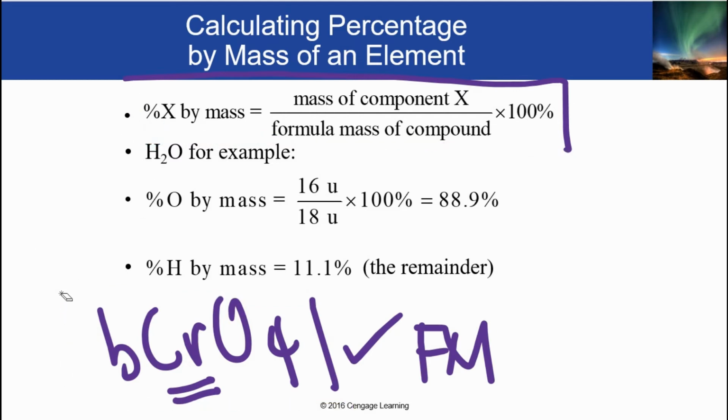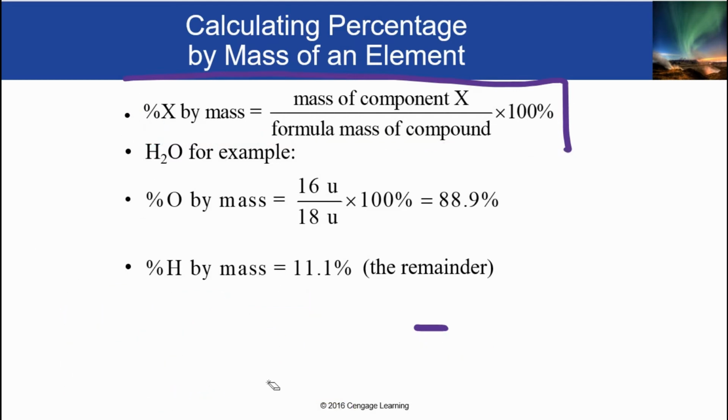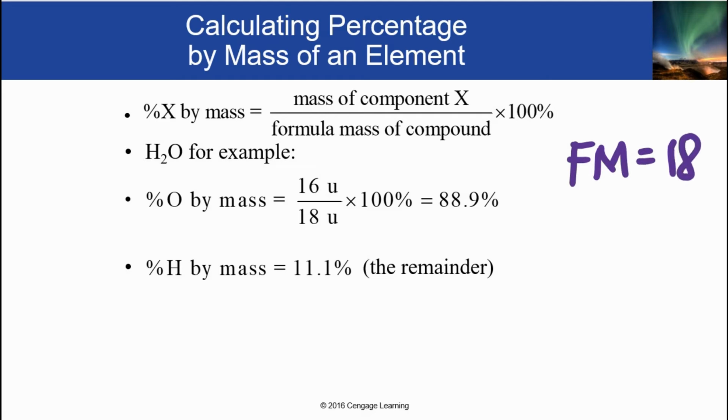Shown here, we have napakadali na water. For example, water. Okay? Alam natin na ang water ay ang kanyang formula mass ay 18. Saan galing yon? 16 oxygen plus hydrogen na 1 times 2. So, nakuha natin ay 18.